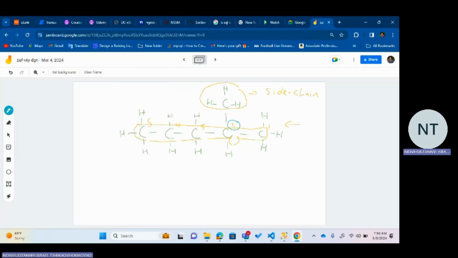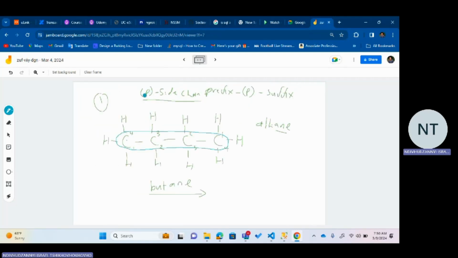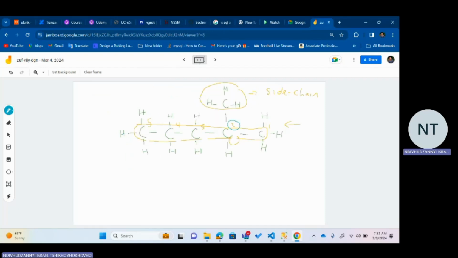Hopefully it makes sense. Then let's try and name. The structure that you are going to follow is this one: position, side chain, then the prefix of the longest chain. This side chain is in which position? We've identified that it's in position 2. Then we say 2 and our separator.